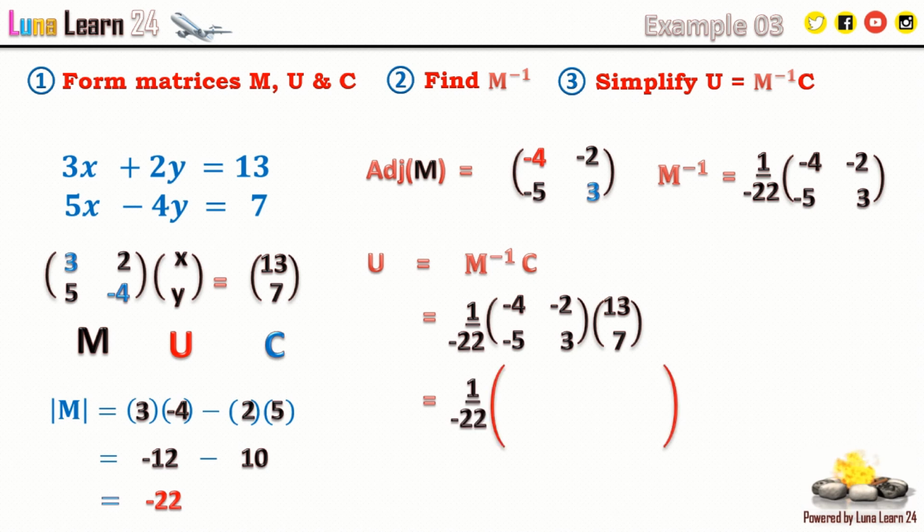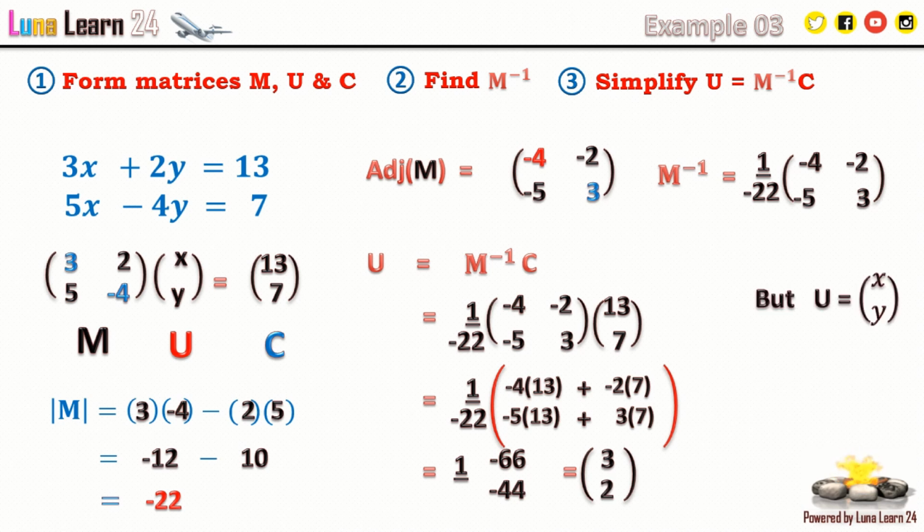So we have 1 over negative 22 into, yes, negative 4 times 13 plus negative 2 times 7. Correct. And we have negative 5 times 13 plus 3 times 7. So when we simplify that, we are going to have, yes, negative 1 over negative 22 into, correct. So x is 3 and y is 2.